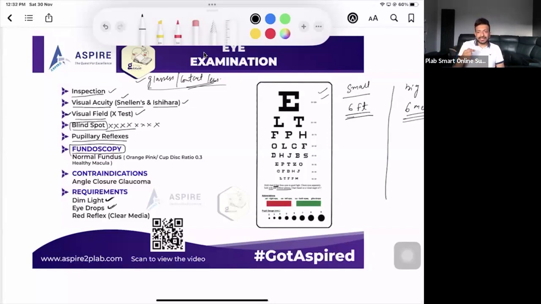When you put dilating eye drops in the patient's eye, what's going to happen? They will not be able to see things very clearly. It's going to be blurry for a few hours. So we give some standard general advice to our patients. Number one, do not drive. Number two, don't sign any legal documents.